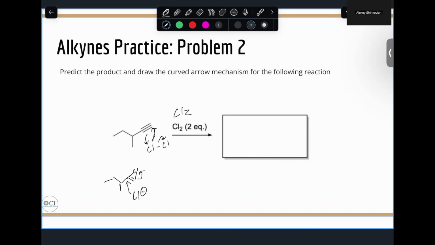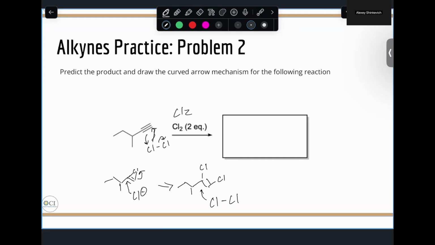And then the chlorine from earlier, it attacks there. And this goes there. And that forms something like that. And then we know this reaction. We've done this before. It's just Cl2 across the alkene.